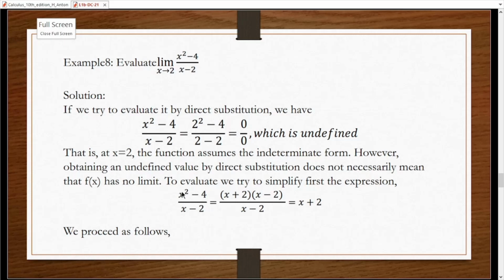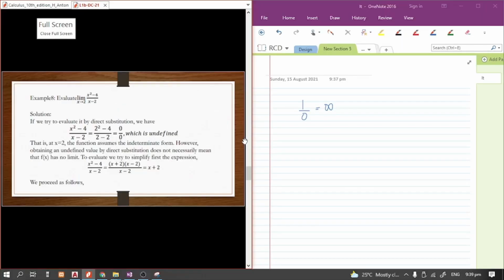Sa numerator, we have a second degree of x and sa denominator is first degree. So, meaning, pwede nating kunin yung factor nitong numerator and then tingnan natin kung pwede tayong mag-cancel out. Dito, yung factor ni x squared minus 4 is equivalent to x plus 2 times x minus 2. So, paki-recall din yung pag-factor sa algebra, nung special product.